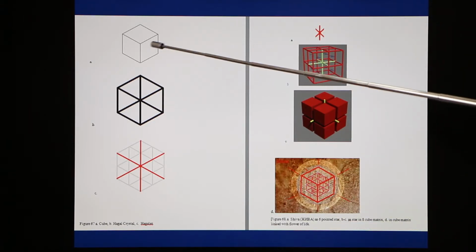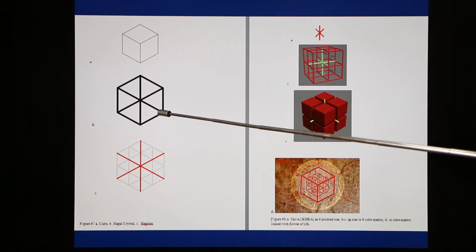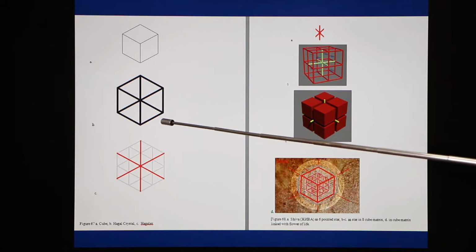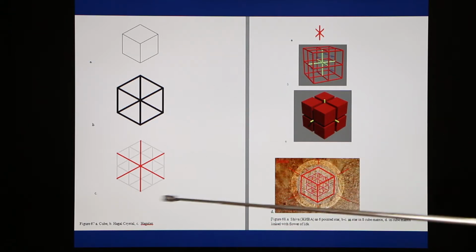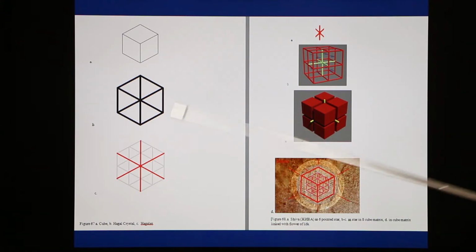So I can start with this. I can join the points and have my 6-pointed star. I can do this and I have this rune. I can make the rune this way. I can inscribe it in 4 squares, or this way, or this way.